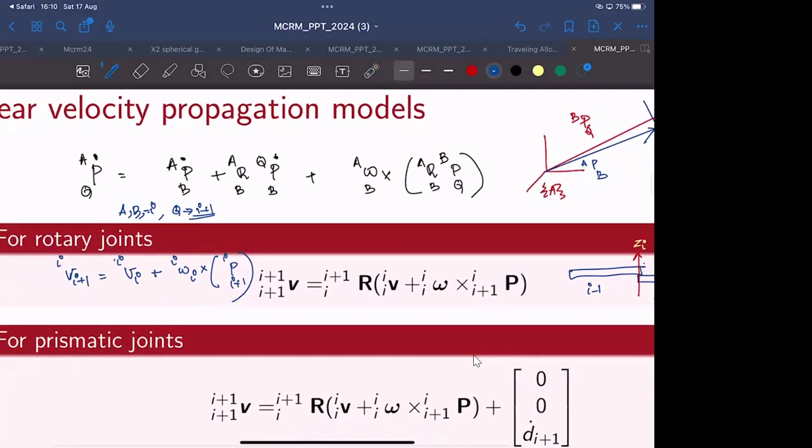Notice that on the right-hand side, if you want to make this a propagative model, the coefficient of I plus 1 should be written in terms of I plus 1.